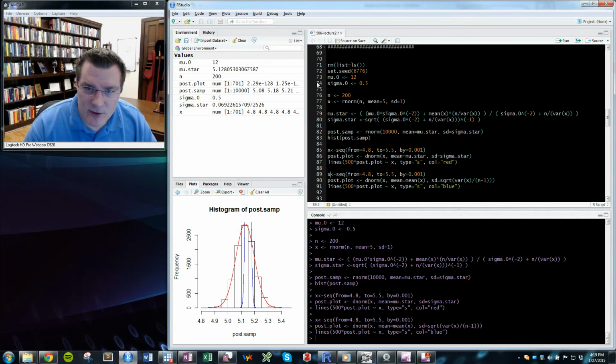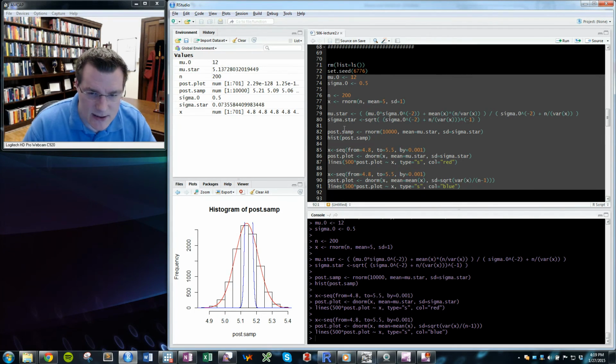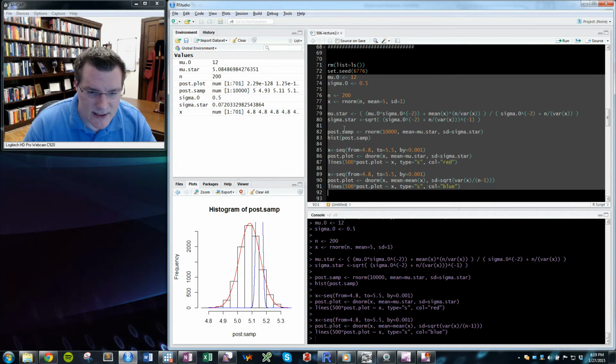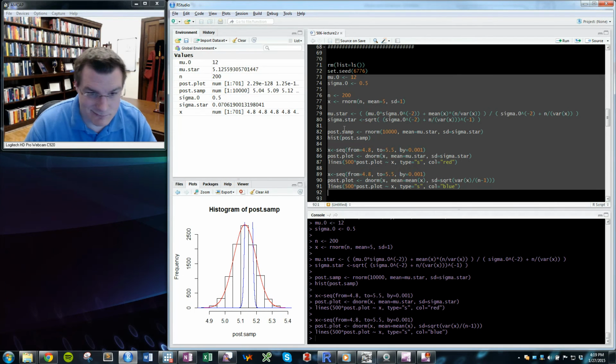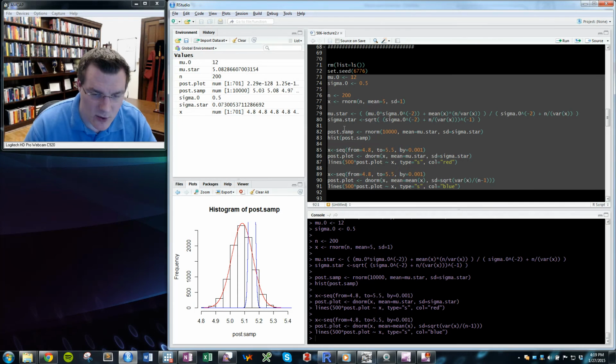And in fact, if we were to repeat this whole sampling process over and over, not using the seed, what you'd see is the prior informed result tends to stay pretty static and pretty centered over about 5.1, no matter how we draw these data sets over and over again.